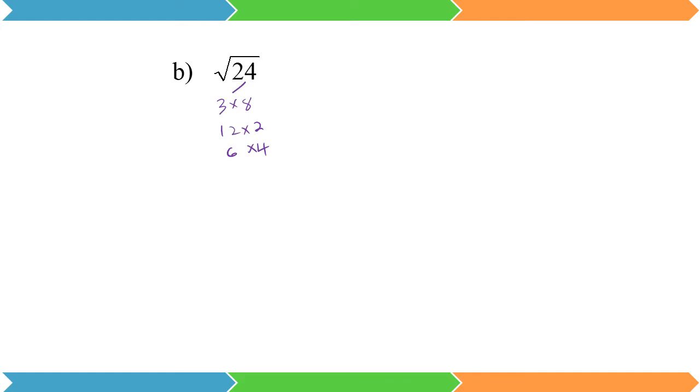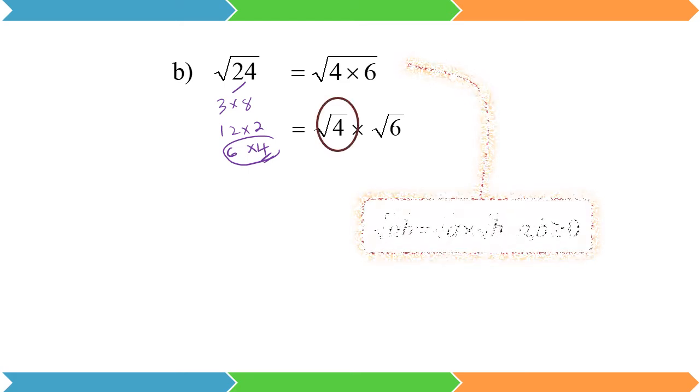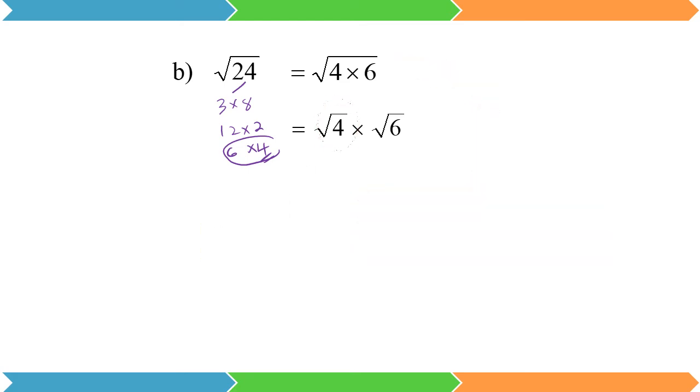Which one of these has a perfect square? We have 6 multiplied by 4, where 4 is a perfect square. So we choose 4 multiplied by 6. Applying the first rule of surds, we have surd 4 multiplied with surd 6, which is equal to 2 surd 6.